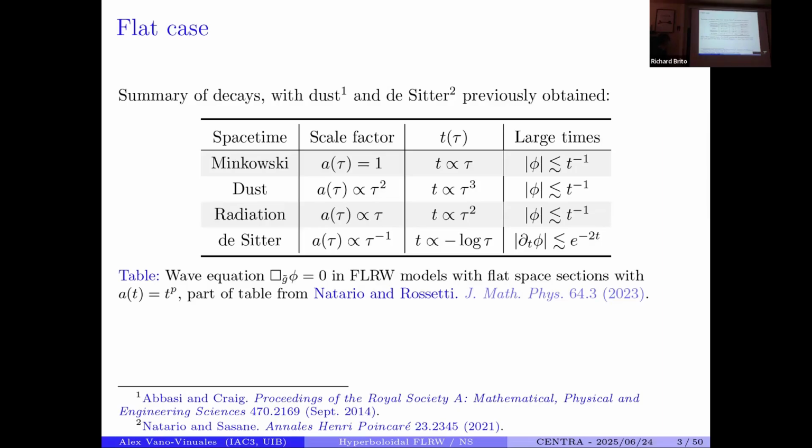This is the behavior of the decay of the field at late times, and for different matter configurations, the exponent may change. I'm going to be quick on this so I can focus more on the actual results we obtained. This serves as a motivation.